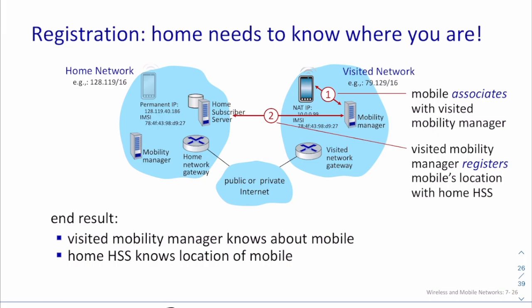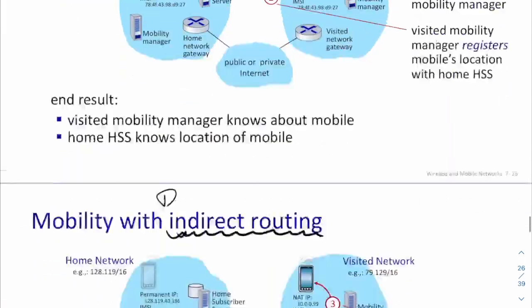So your home edge access needs to keep the record up to date of where you are, which node B or which cellular tower you use, which visit network you are in. Basically, the mobile manager MM needs to report all this information to your home HSS. So both sides, the home network and visit network, know where you are. That is the first step.